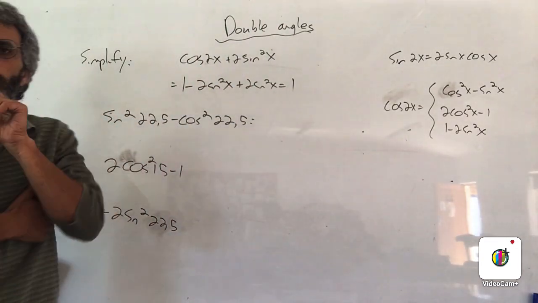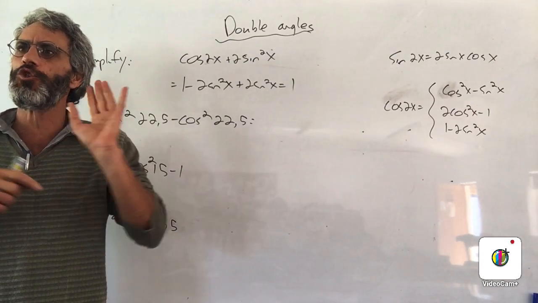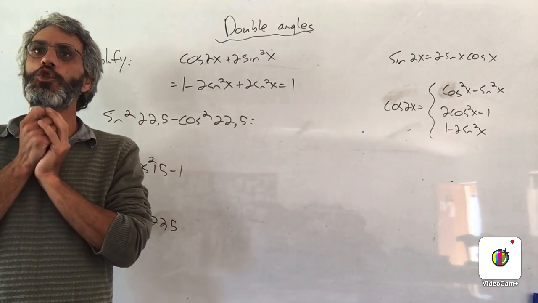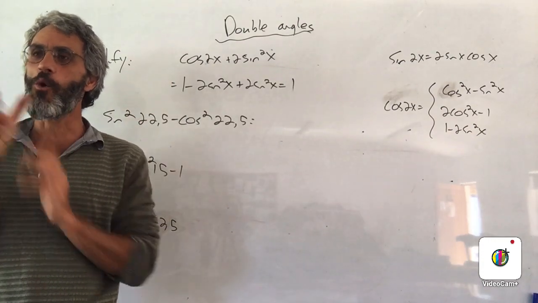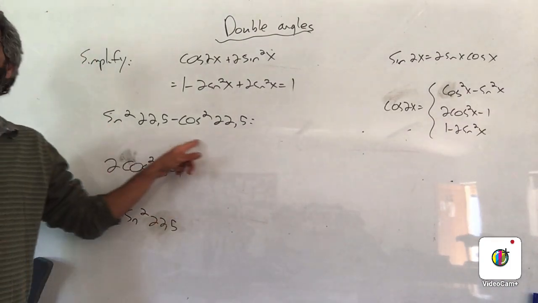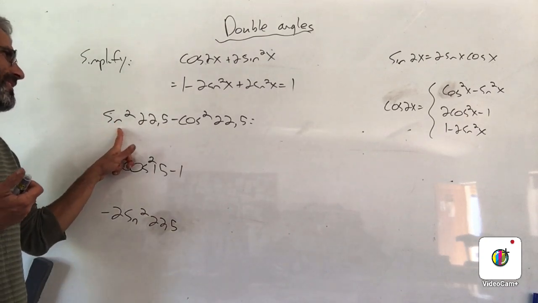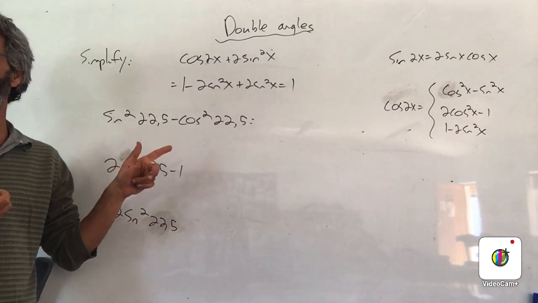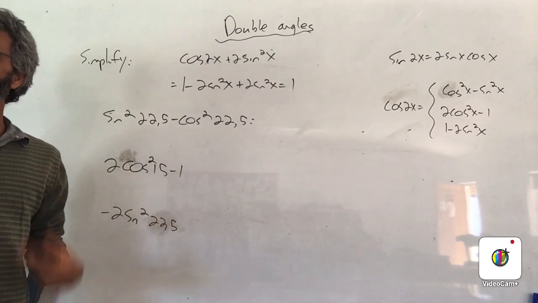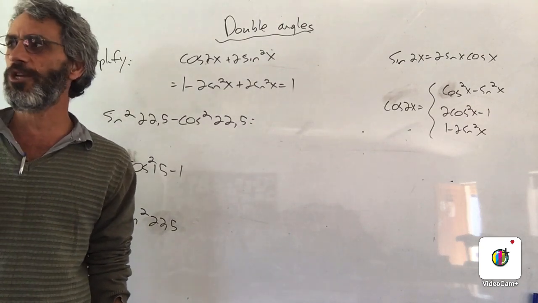Now it looks very similar, but they're not asking us just to simplify. They're actually asking us to calculate without using a calculator. So we're going to calculate these without using a calculator. Now, who knows what is sine of 22.5? There's no way to do it directly, so I need to think about special angles.